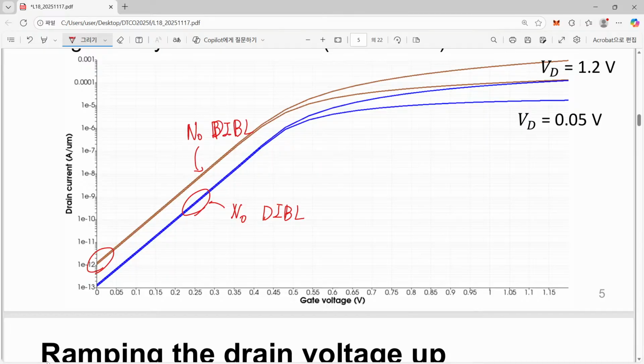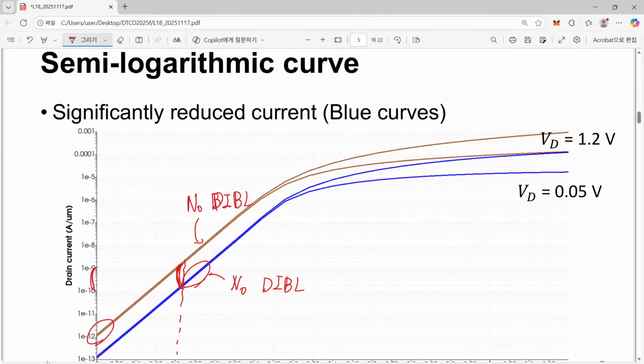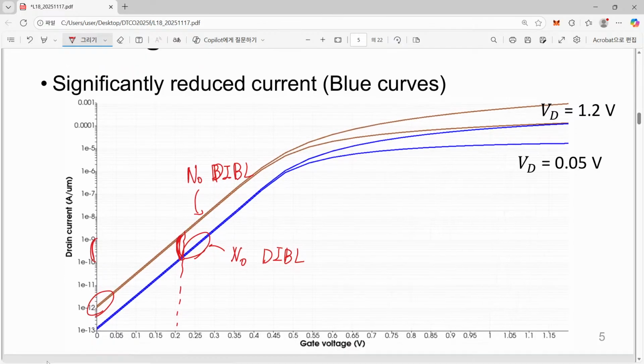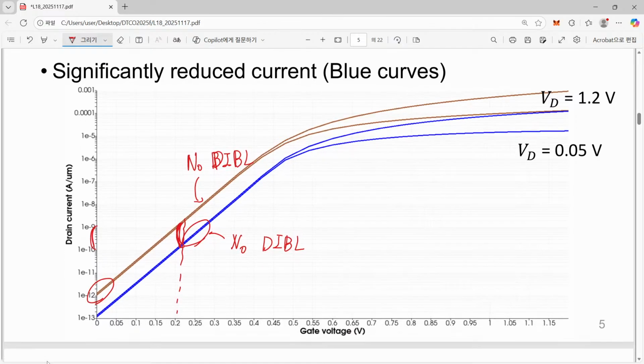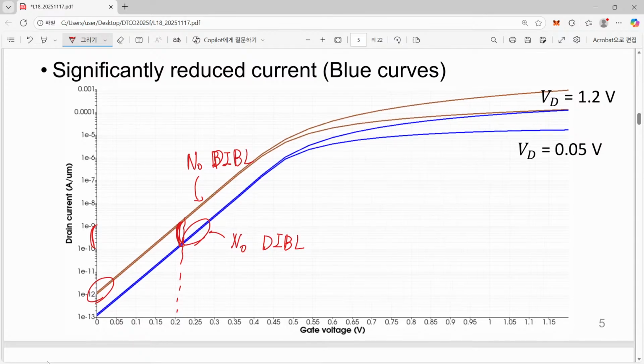But the point is, between these two lines we can have a certain amount of difference. It is almost one order of magnitude. So inclusion of a realistic mobility model can reduce our current significantly. And yes, in many cases it just reduces this value significantly. Okay.